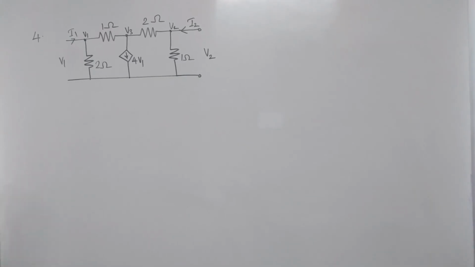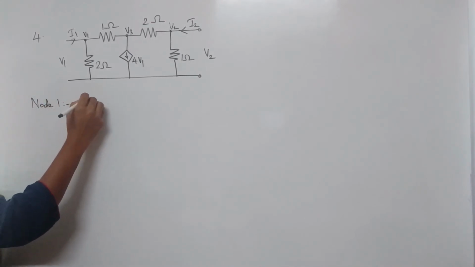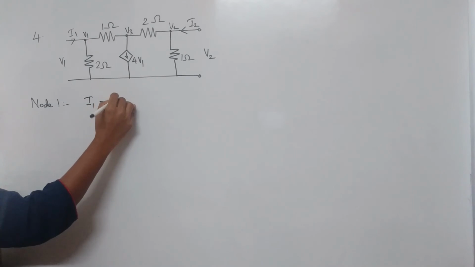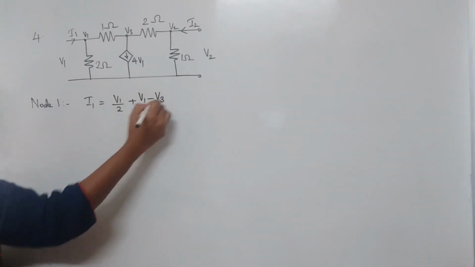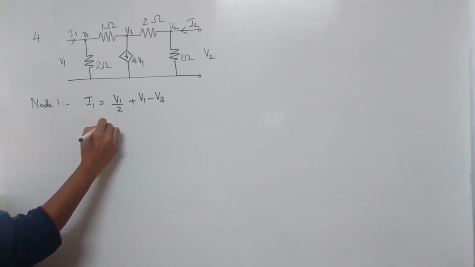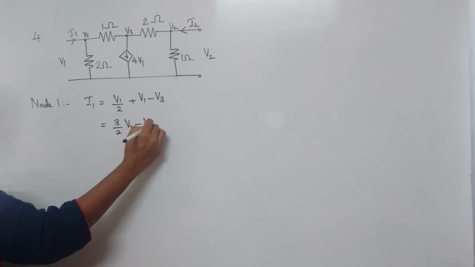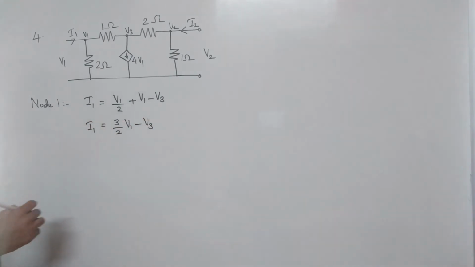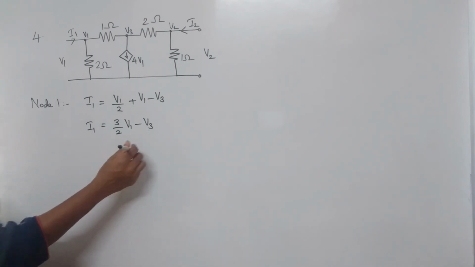Find y parameters for the circuit shown. Here again we will write the node equations. Let's write the first node, node 1. I1 is equal to V1 by 2 plus V1 minus V3 by 1, or this is equal to 3 by 2 V1 minus V3. Here we need to remove this V3 and express it in terms of V1 and V2.